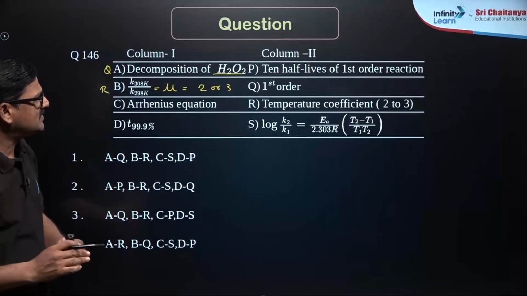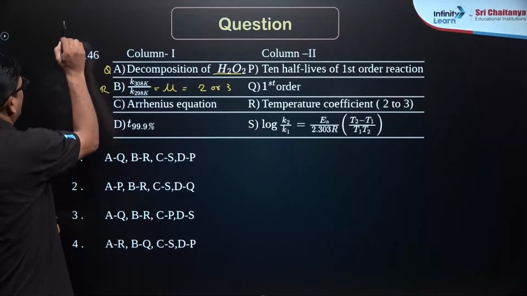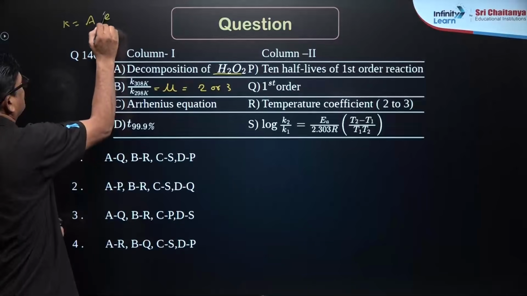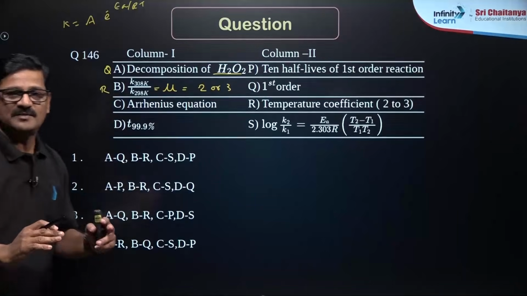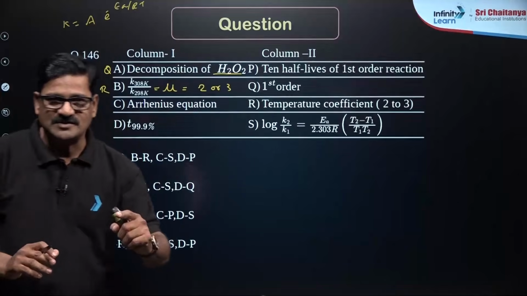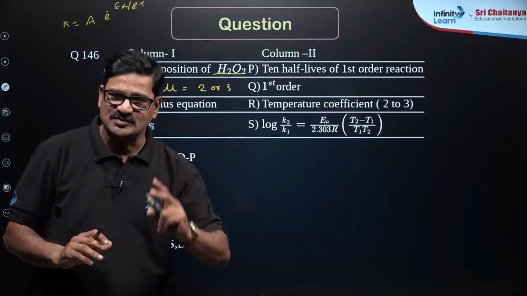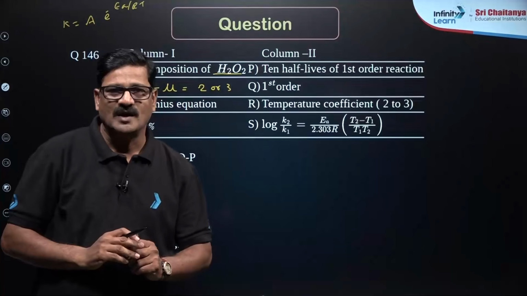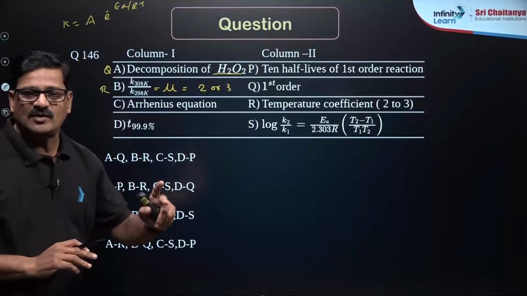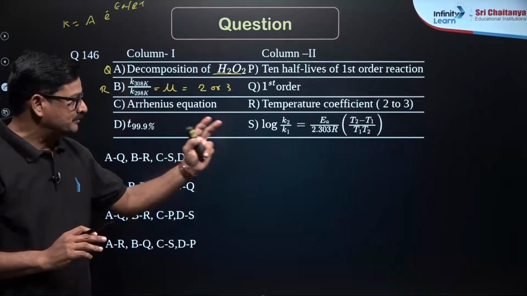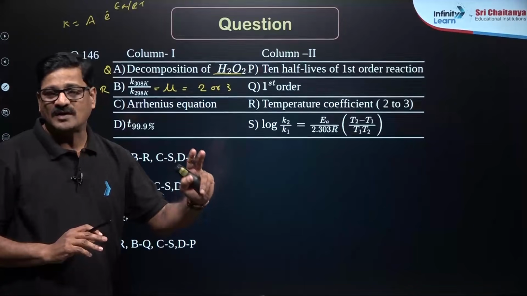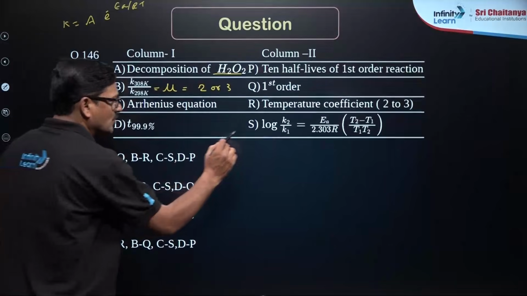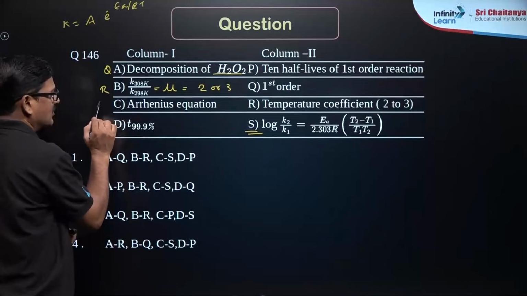And the Arrhenius equation tells you K is equal to A e to the power minus Ea by RT, and at two different temperatures, at T1 temperature rate constant K1, at T2 temperature rate constant K2, and log K2 by K1 is equal to Ea by 2.303 R of 1 by T1 minus 1 by T2, and it is going to be the Arrhenius equation.